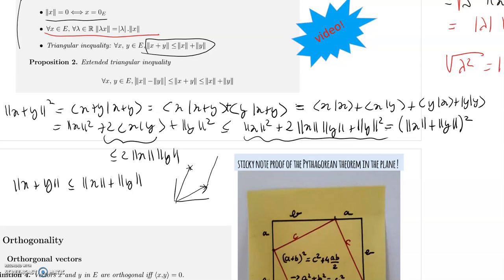That's vector u, that's vector v, and the one in the middle is going to be vector u plus v. What does it tell you? It tells you that the norm of the vector u plus v is smaller than the norm of the vector u plus the norm of the vector v. In other words, the shortest path is the straight line. That's another way to see that triangular inequality.